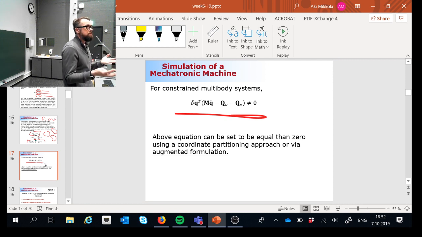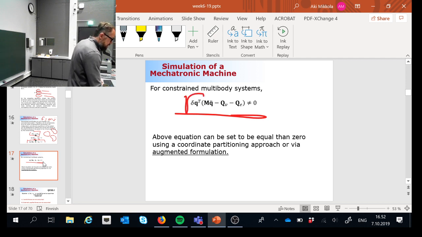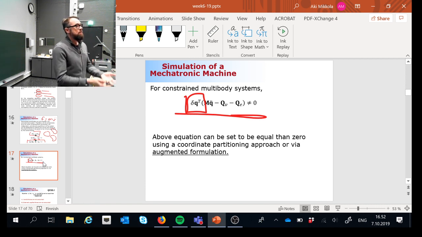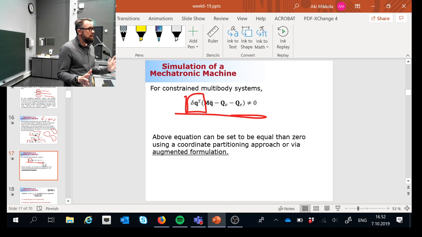What is this condition? Well, the condition is such that this virtual displacement, which is here, has to be kinematically admissible, kinematically possible. As expressed at the moment, it is not kinematically admissible. Why is that? Because I'm introducing the virtual displacement to all the generalized coordinates. I don't care about the constraints. It's just introducing the virtual displacement in a random way, and it can violate and it will violate the constraint.